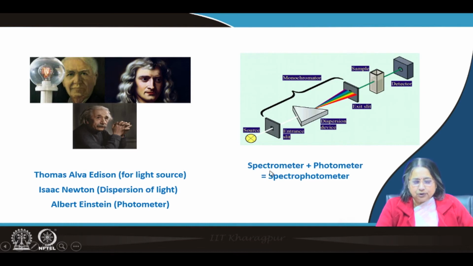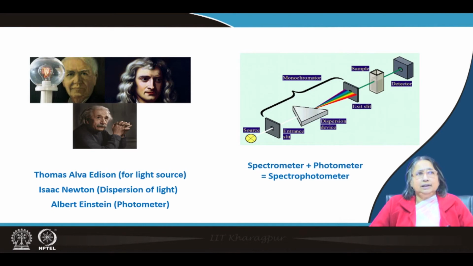What is a spectrophotometer? Spectrometer plus photometer gives a spectrophotometer. In the spectrometer, the first thing is the light. Light is like a leg, like a man cannot walk without a leg. The bulb is the source of light.